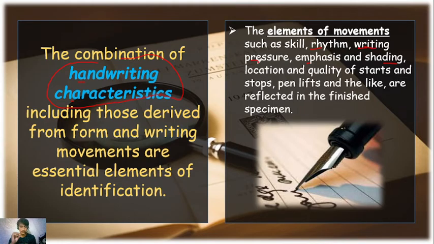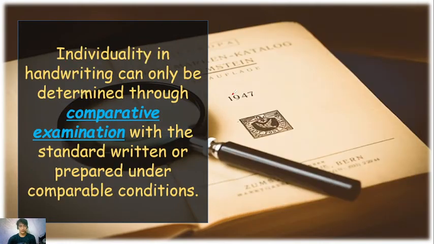So gaano kadiin yung pagsulat niya, and then not only that, yung rhythm, kung tuloy-tuloy ba yung pagsulat niya or pahinto-hinto. So kung pahinto-hinto yung sulat, mapapansin natin there might be hesitations, or that could be a sign that it is a forged handwriting. So with that, take note of those handwriting characteristics.